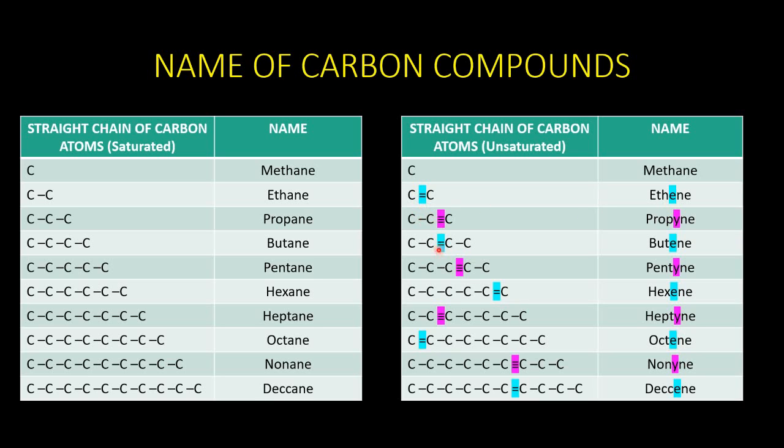Accordingly, with the presence of double and triple bond, the A is replaced by E for double bond, or if it is triple bond, the A is replaced by Y. And depending on the number of carbon atoms, the name changes. So it is very important to remember at least these 10 names, so it will be easier to identify and name them.